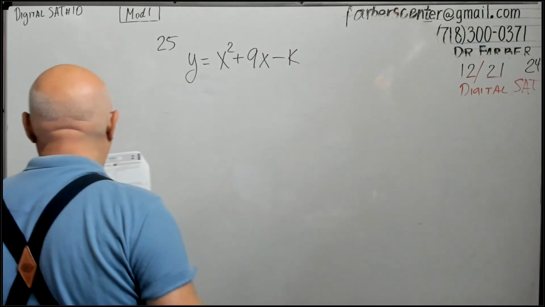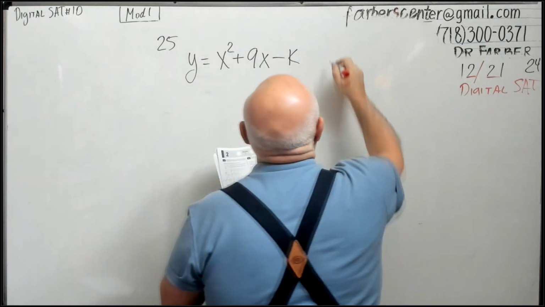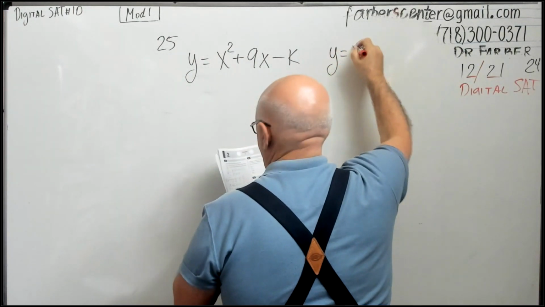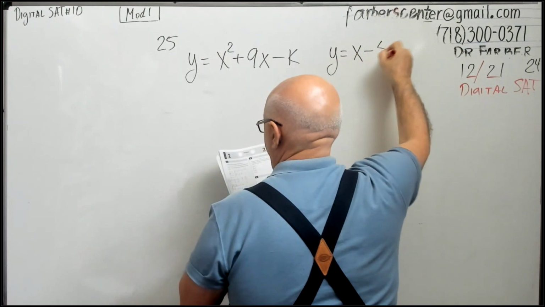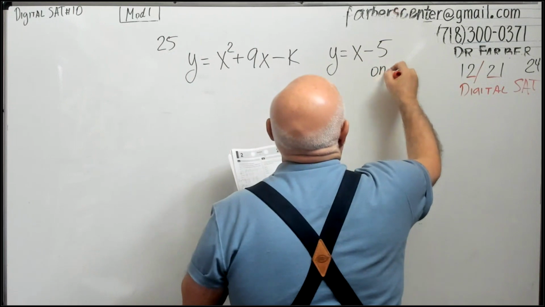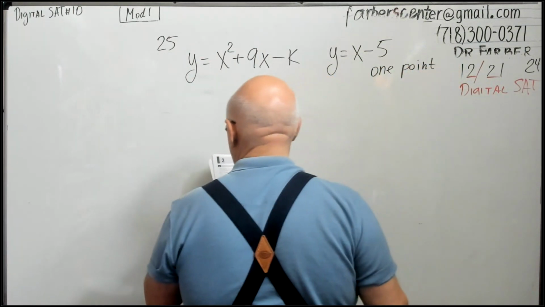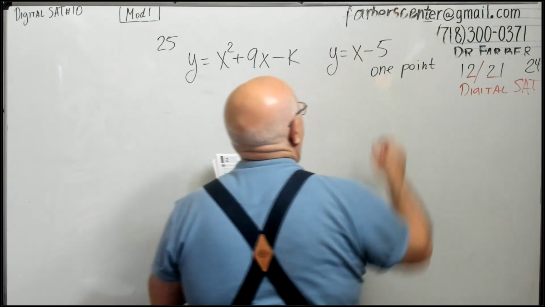K is a constant. You have another line. They intersect: y equals x minus 5. And we have only one point of intersection. And you have to find k.